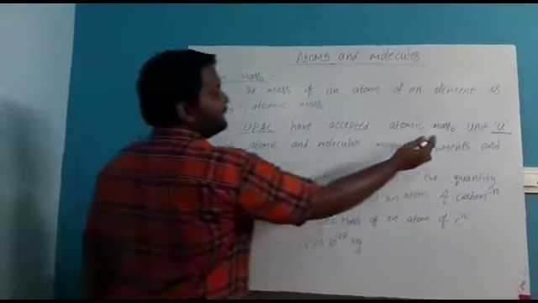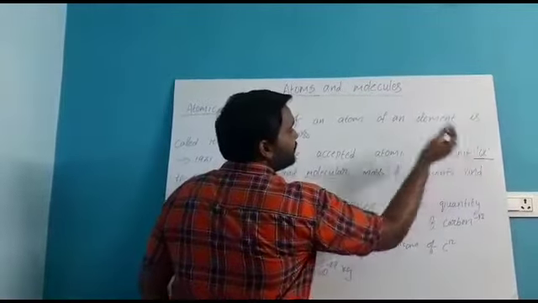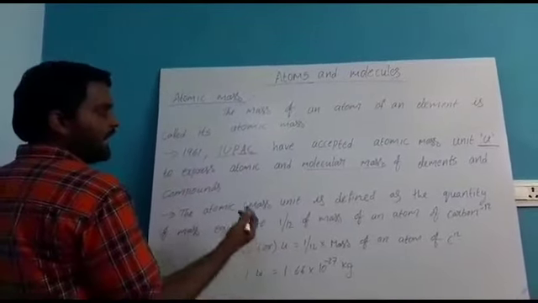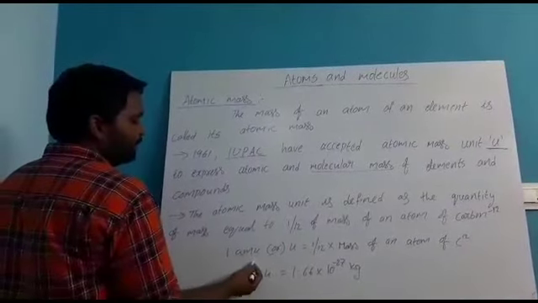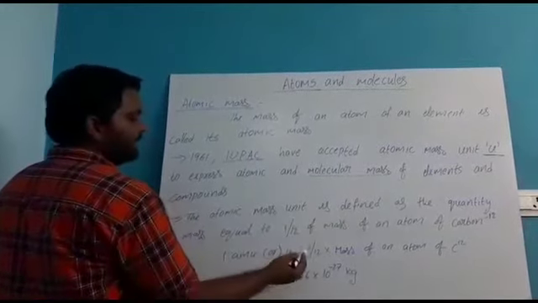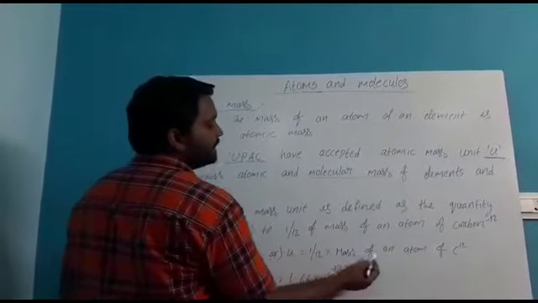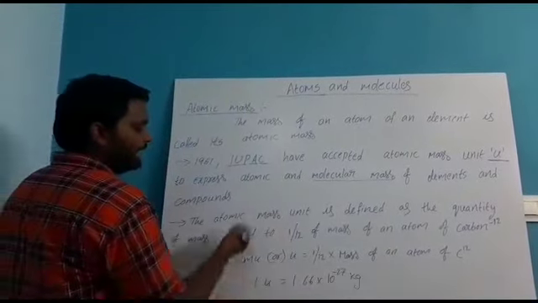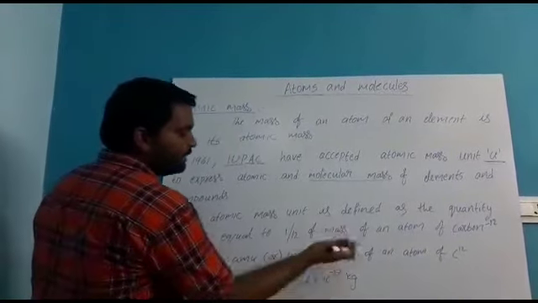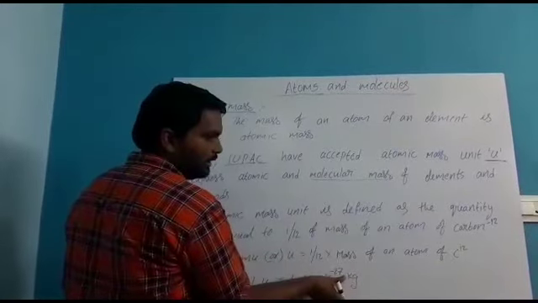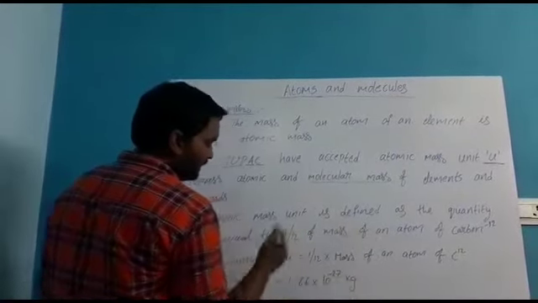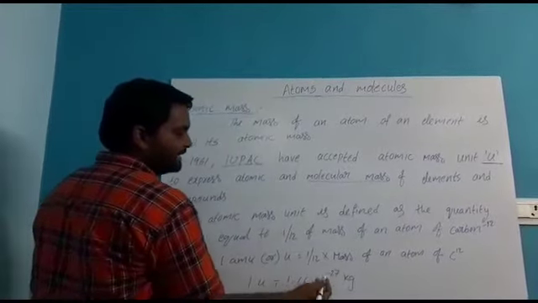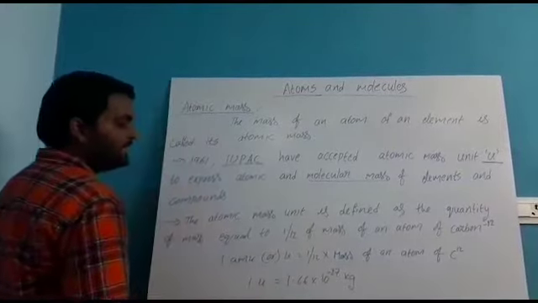What is the unit of atomic mass? U. 1 AMU, atomic mass unit, or 1 unit U, is equal to 1/12 of the mass of an atom of carbon-12. If you want to convert this into kilograms, 1 AMU or 1 unit is equal to 1.66 into 10 to the power of minus 27 kilograms.